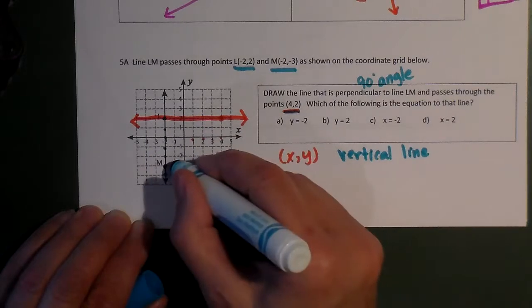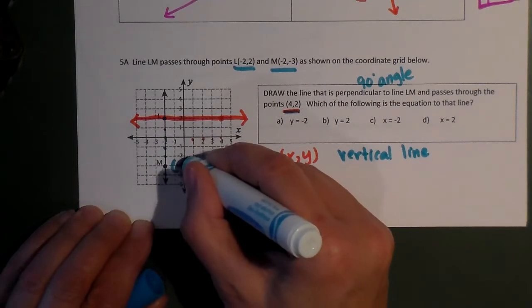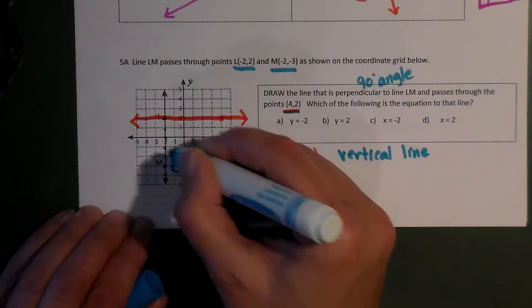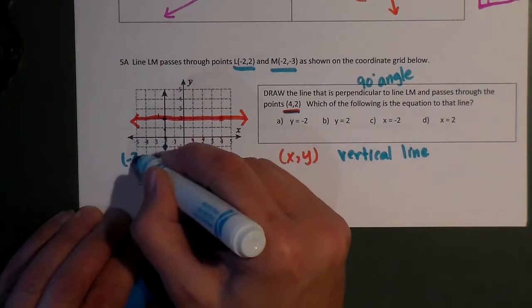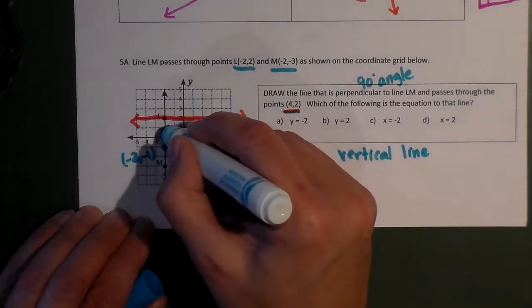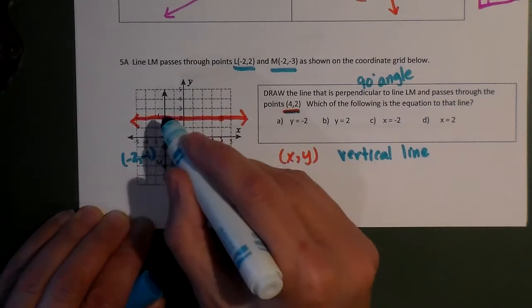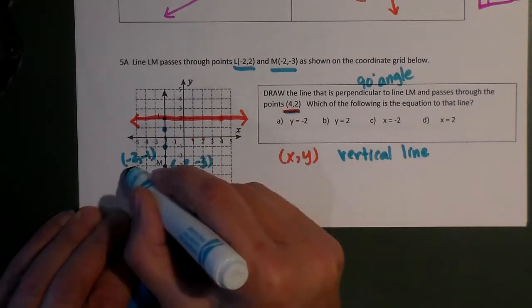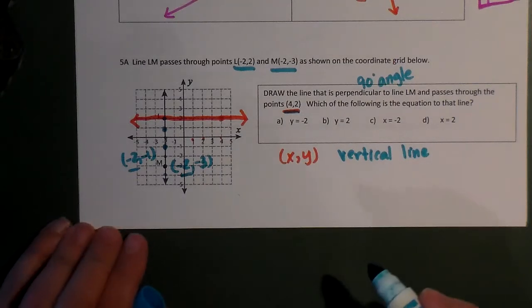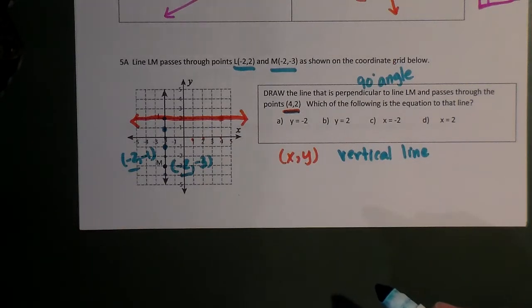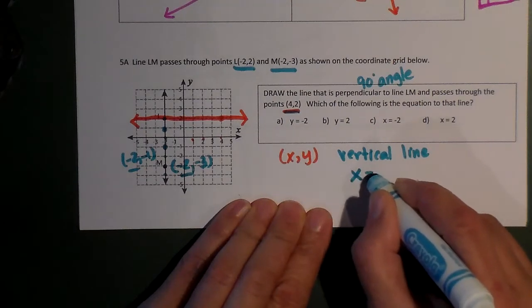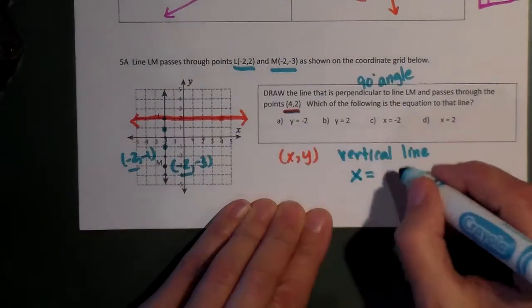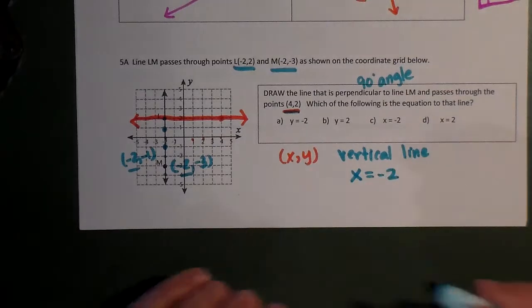For example, M is at negative 2, negative 3, right? This one is at negative 2, negative 1. This one is at negative 2, positive 1. You can see they're all negative 2, so no matter what I do with y, x is always the same. So when you have vertical lines, they are always x equals, and then whatever the x coordinate is. So this line is x equals negative 2.